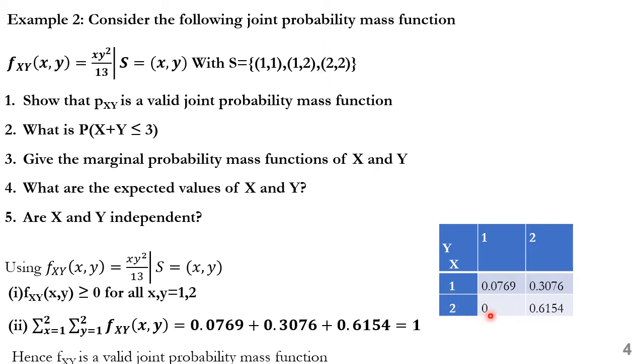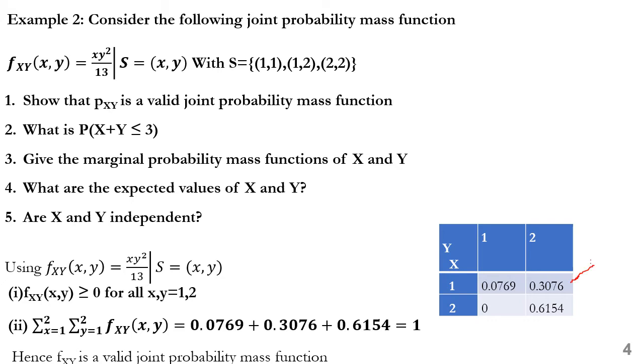So therefore it is 0. When x value is 1, y value is 1, it is 1 divided by 13, what we get is 0.0769.